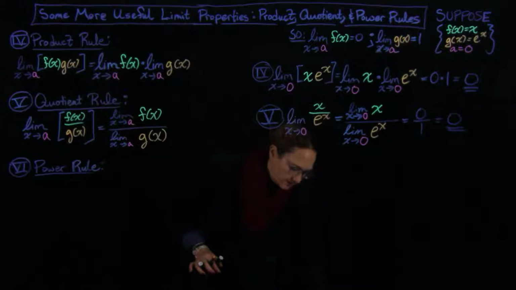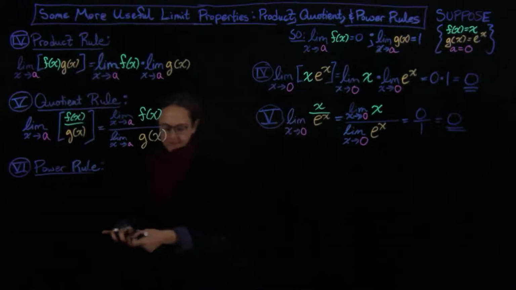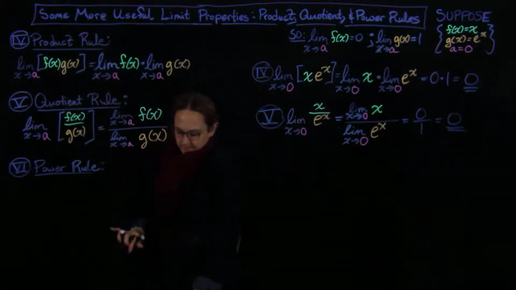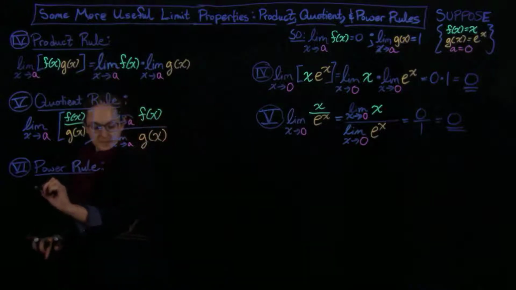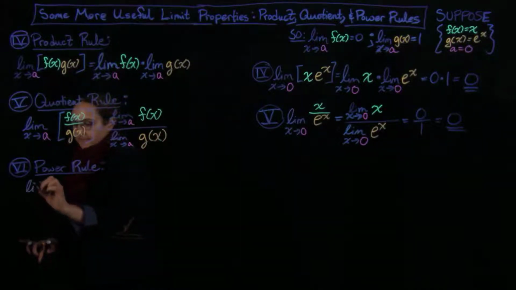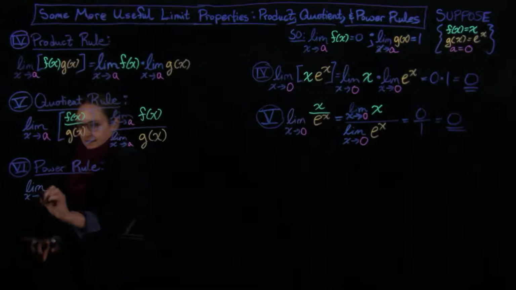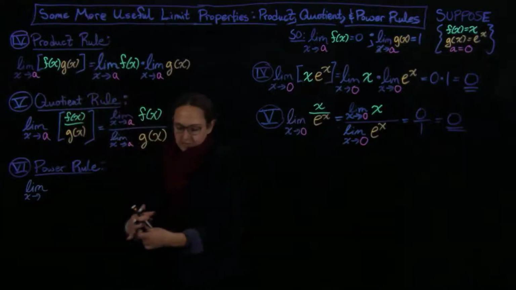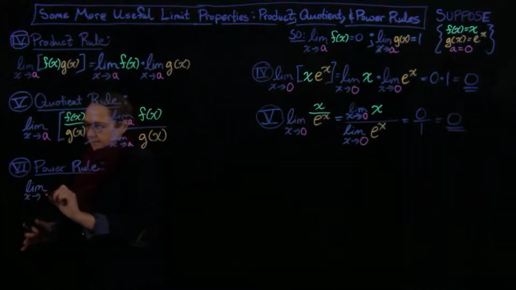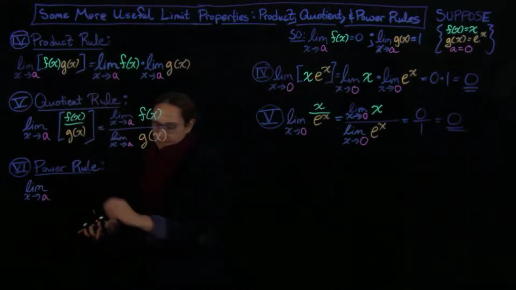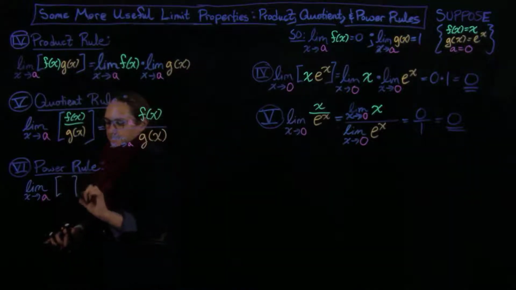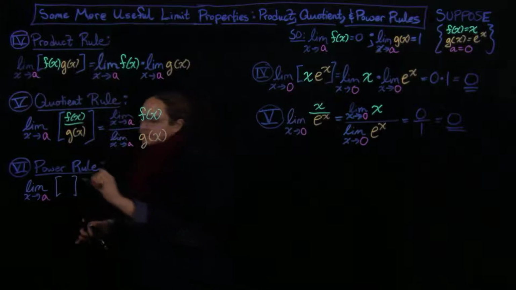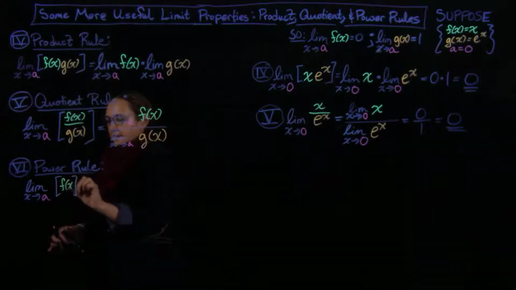I'm going to get a new blue marker because this one's getting difficult to see. So the limit as x approaches a of some kind of function inside of here, and then I'm going to take its power.